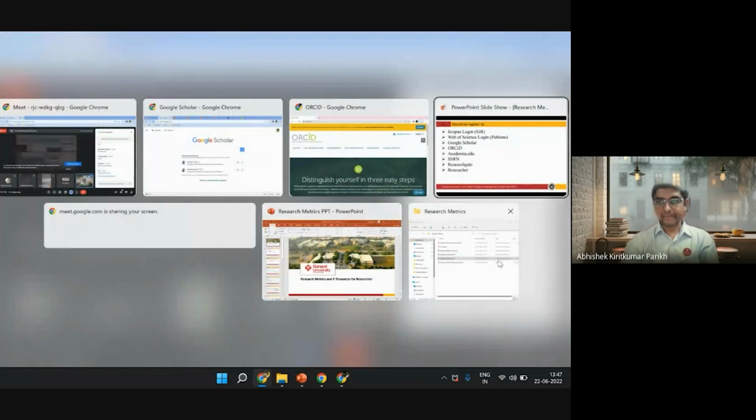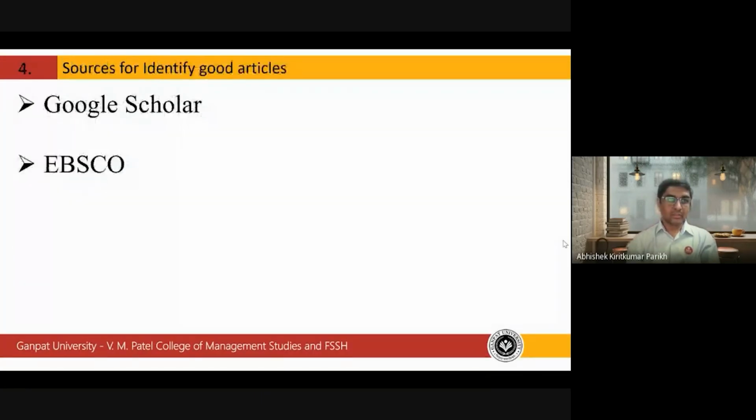Okay. The most important thing: you can search for good articles from Google Scholar and EBSCO and try to take citations only from Scopus and Web of Science, right? So I prefer that whenever you are citing any journal article, first of all check the list whether it is available in the Scopus listing or not.